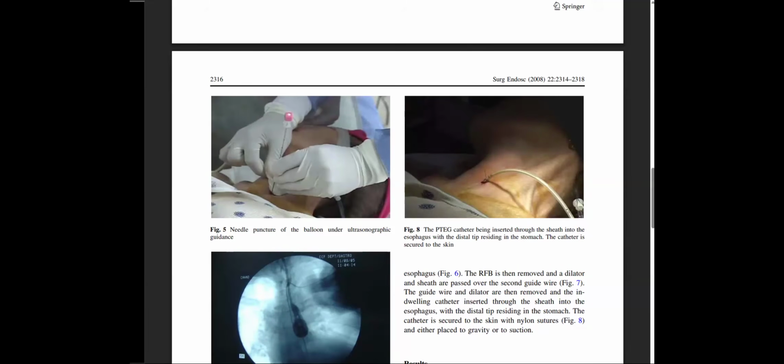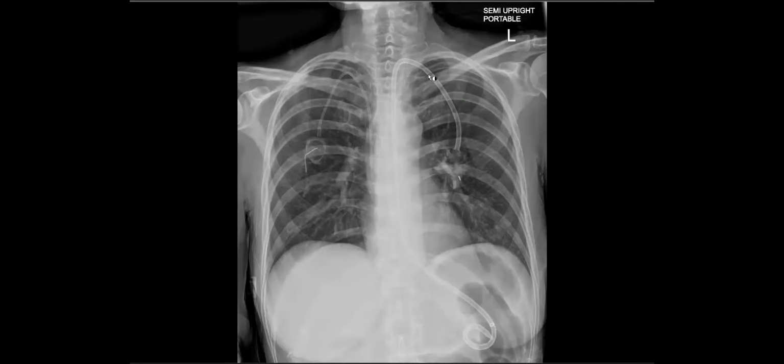So this part of the PTEG is external to the patient. And then maybe the distal part is looped because you need to have it there for a long period of time, for decompression. Yeah, and for decompression, it has a lot of side ports.